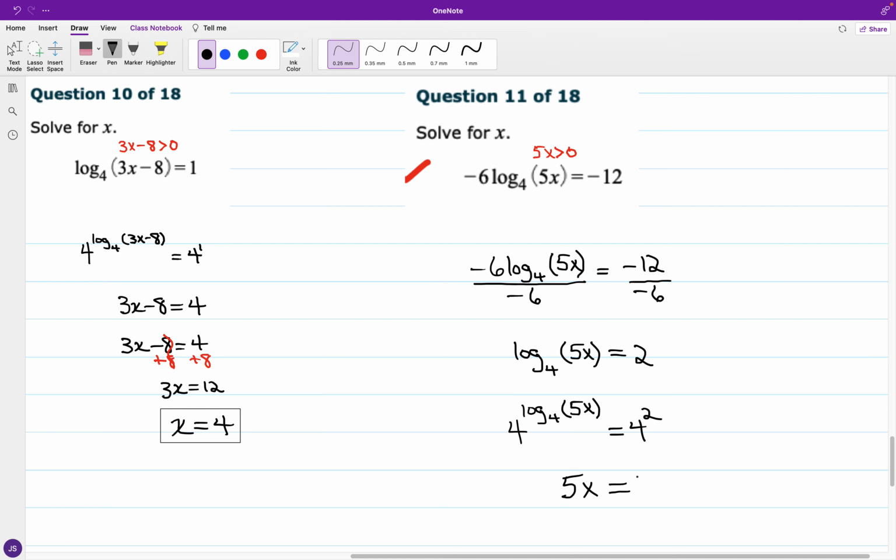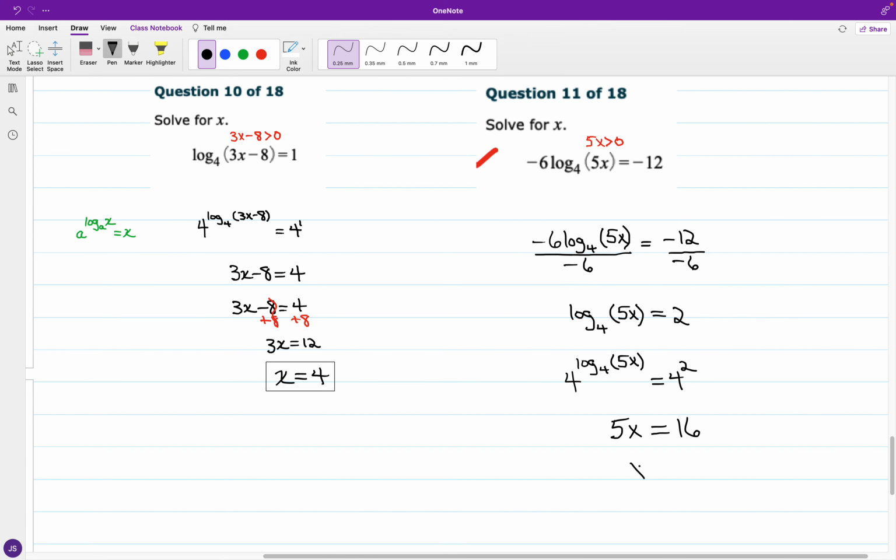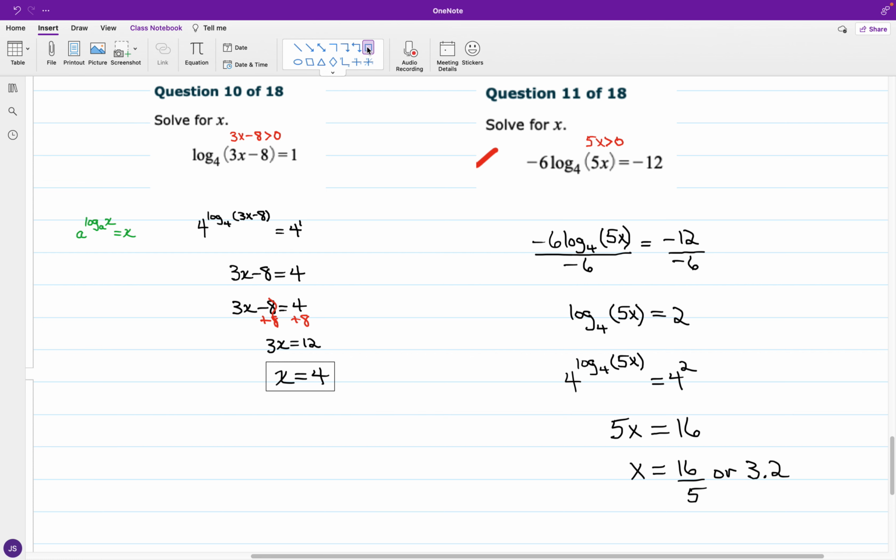To the right I have 4 squared, which will be 16, and for x we have 16/5, or 3.2 if you express it as a decimal. And you can go back and check: 5 times 16/5, or 5 times 3.2, is 16. 16 is positive, so this number is a solution for number 11.